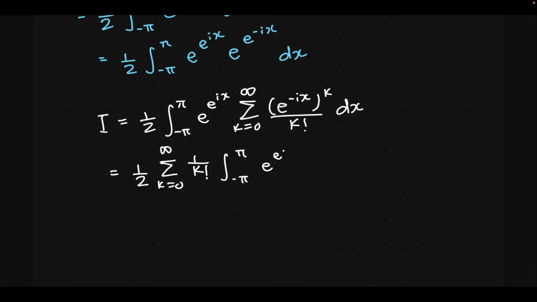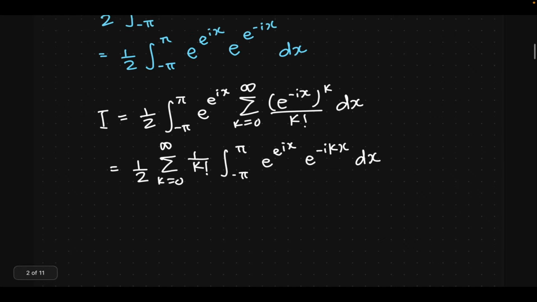e to the ix, e to the negative ikx dx. And now, there's too many exponentials, so we can just do a substitution. The substitution is z equals e to the ix, dz is iz dx.